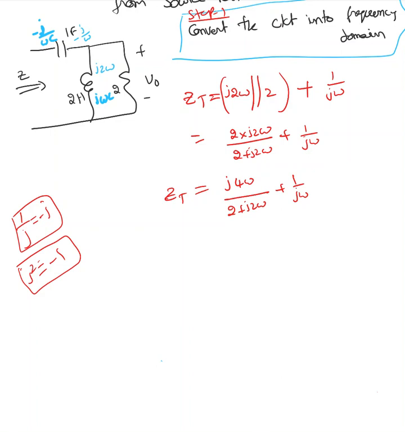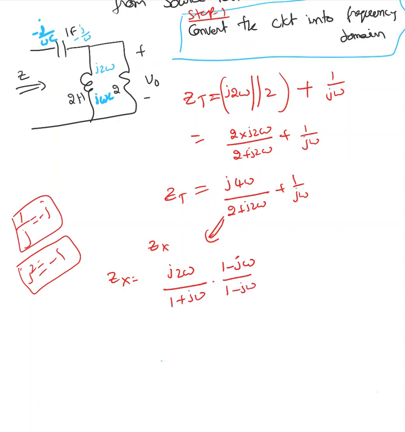Let me say that's Zx. So Zx equals, eliminating 2, j2 omega over 1 plus j omega. To eliminate the j in the denominator, I'm going to multiply by the complex conjugate, 1 minus j omega.